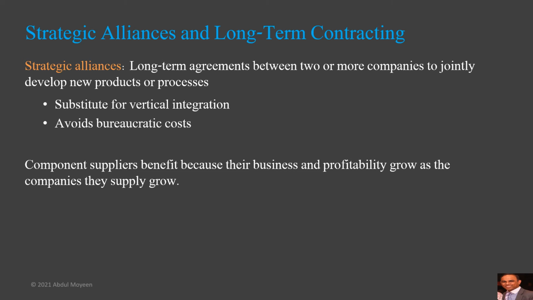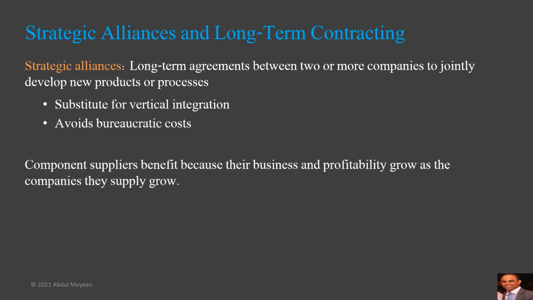A strategic alliance becomes a substitute for vertical integration because it creates a relatively stable long-term partnership that allows both companies to obtain the same kind of benefits that result from vertical integration.